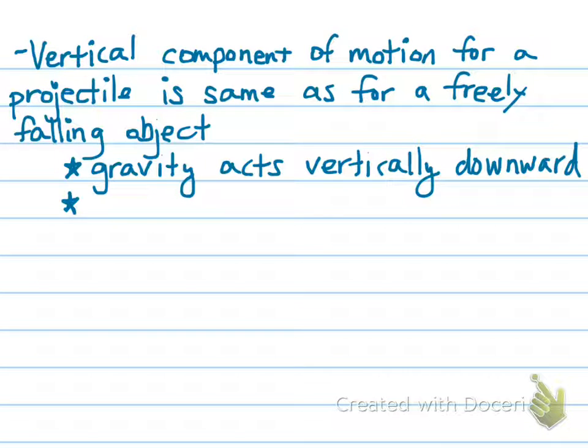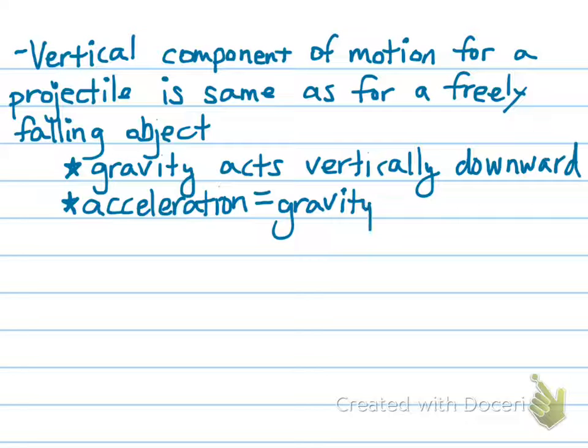So in the vertical, the up and down, there is acceleration. The acceleration is gravity. And remember, the value we use for gravity is 10 meters per second squared downward.